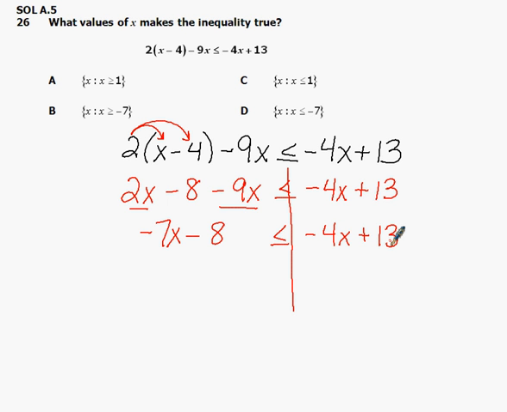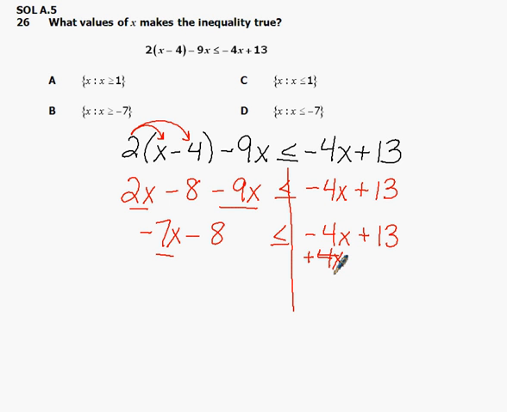Now, the third step is always to move all your variables to one side. You can see that we have negative 7x on the left, and we have negative 4x on the right-hand side. We want x to only be either on the left-hand side or the right-hand side. It doesn't matter which side, but I think it's easiest to always move the variables to the left. So I need to get rid of the negative 4x on the right-hand side, and I'm going to do that by adding 4x.